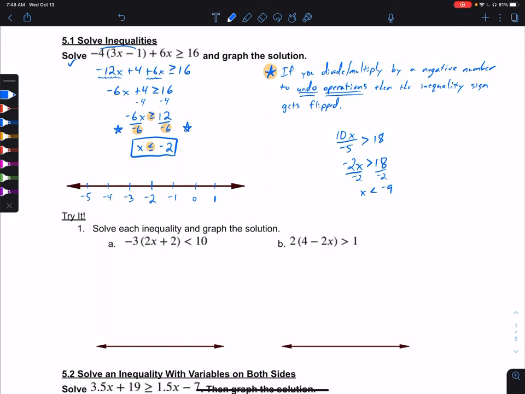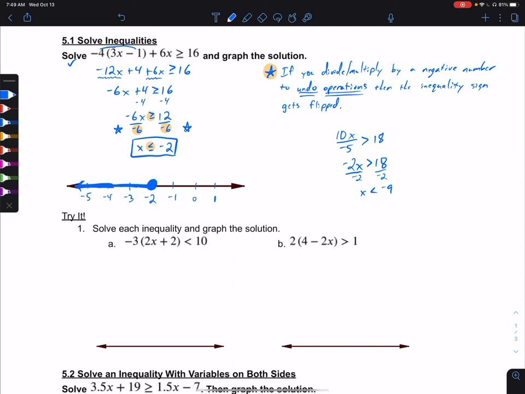That equal part tells me that negative 2 is part of my solution. So I'm going to put in a circle, but I'm going to fill it in. It would be a closed circle. And then I want the numbers that are less than negative 2. Those numbers would be on the left side, so I would shade everything on the left side.